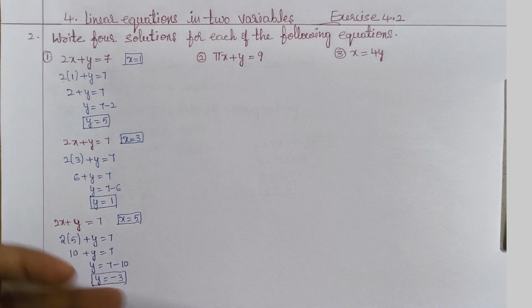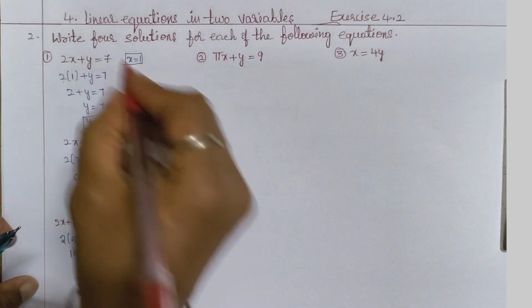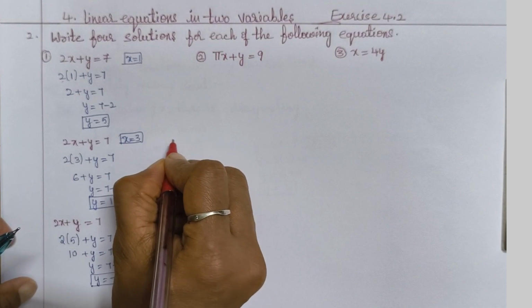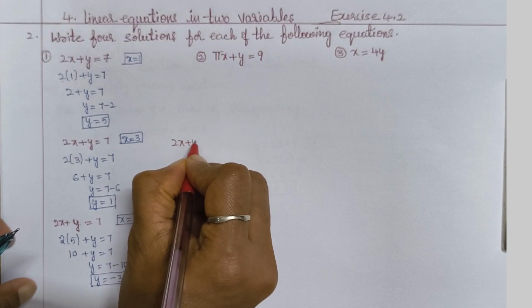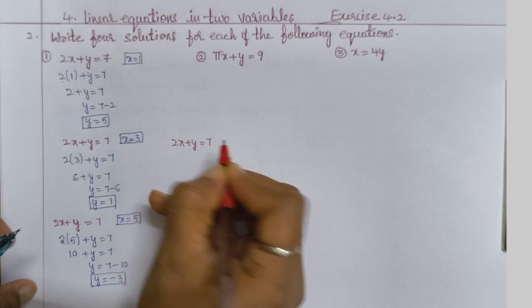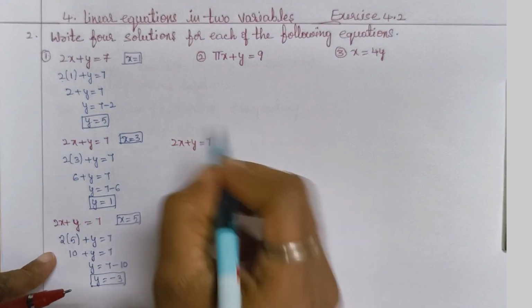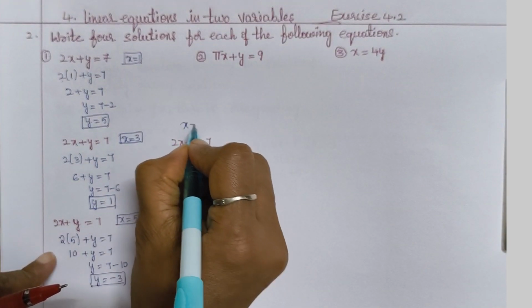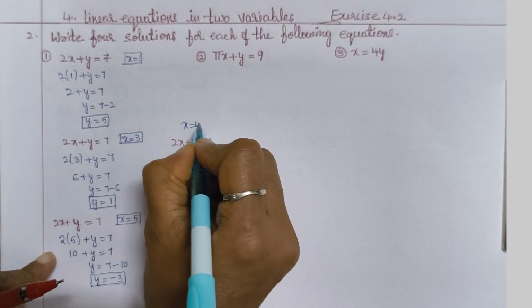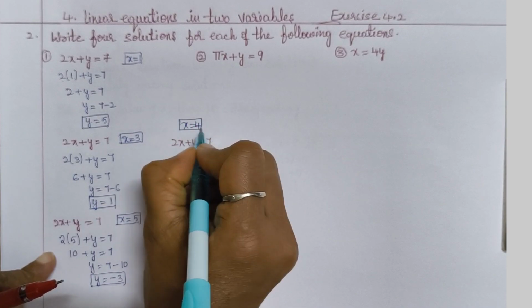One more we will try. See here, 2x plus y is equal to 7. So what x value will I take? 4 you take. Not only this number, any value you can take.